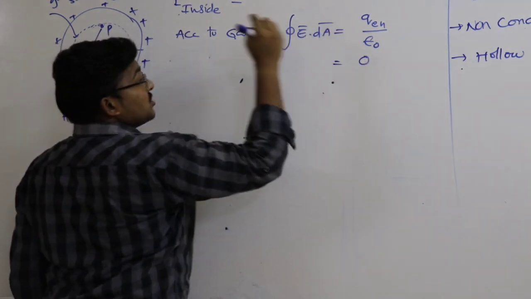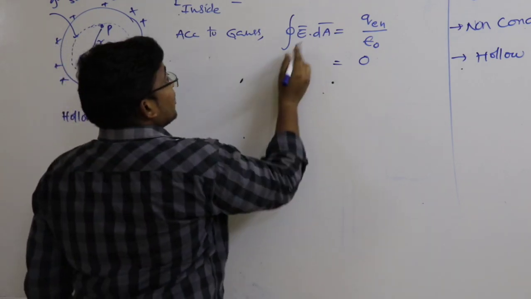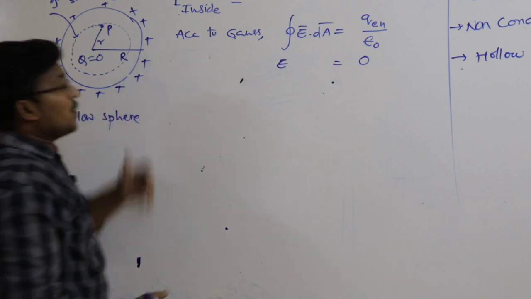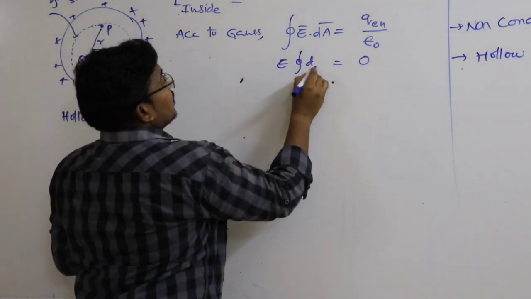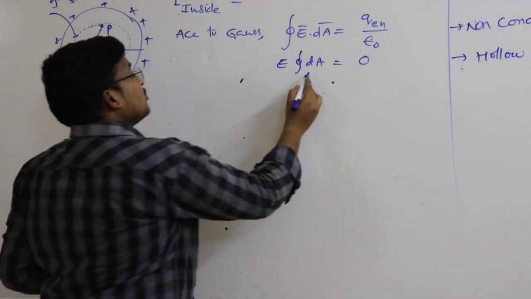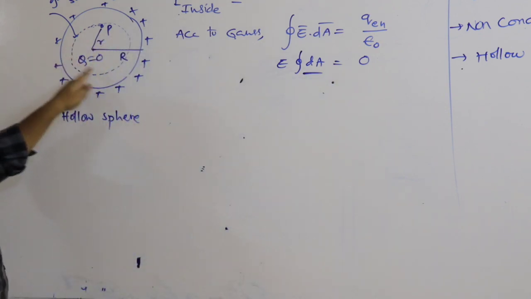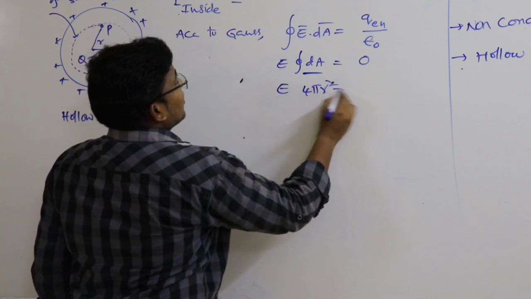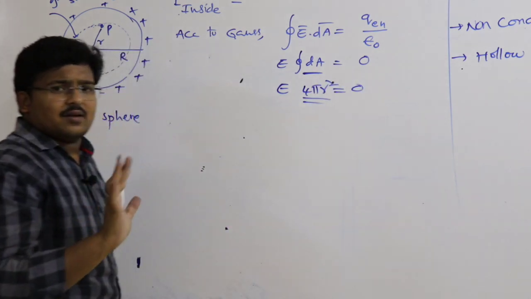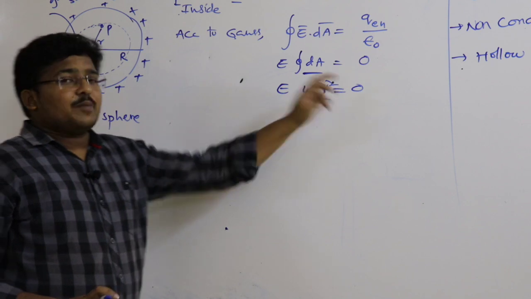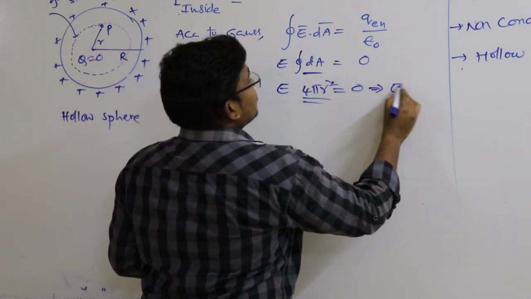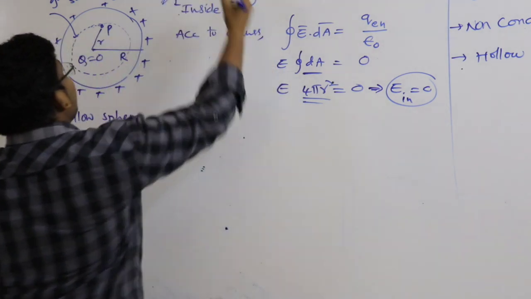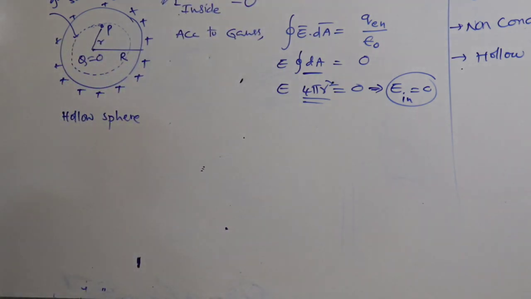The electric field is taken out of the integral because it is constant. So E into the area of the Gaussian surface, 4 pi r square, is equal to 0. Since the area is not 0, the electric field must be 0. So this is how the inside field will be 0.